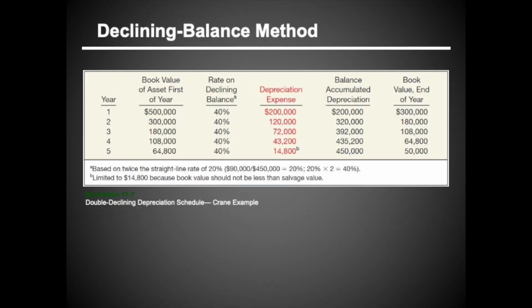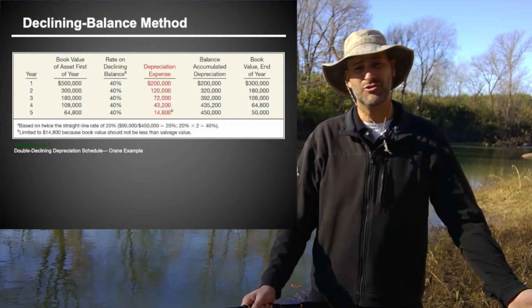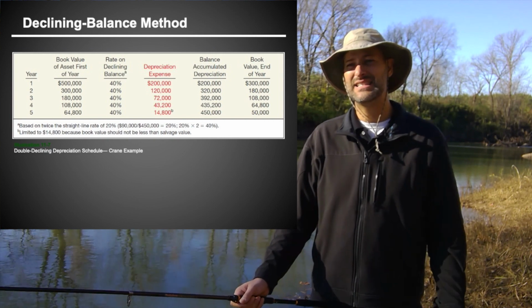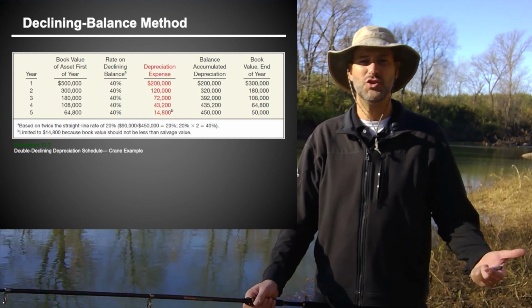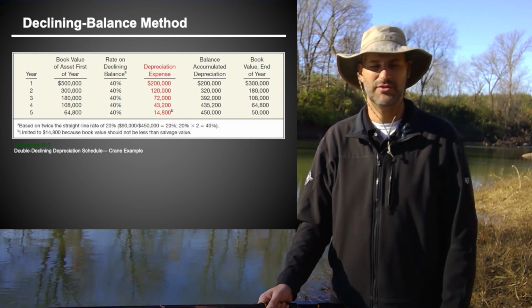In the first year, in this case, we have a $500,000 crane. If we took double declining balance, the first year's depreciation would be 2/5 times $500,000, which is $200,000 as our expense in the first year.